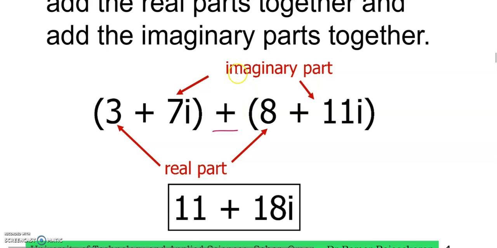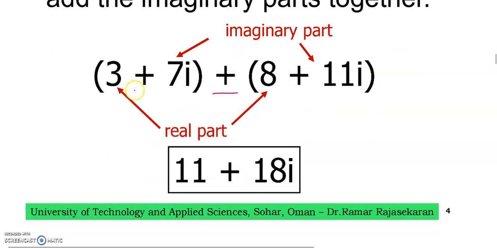So how to add? As we discussed, we take the real part of the first complex number and the real part of the second complex number, and add them, which means 3 plus 8, that is 11. So this is the real part of the final complex number.